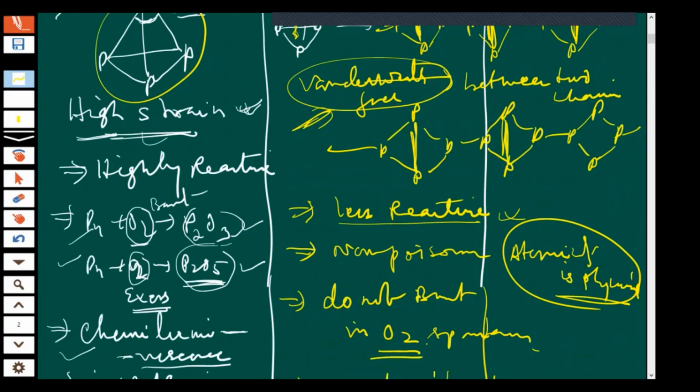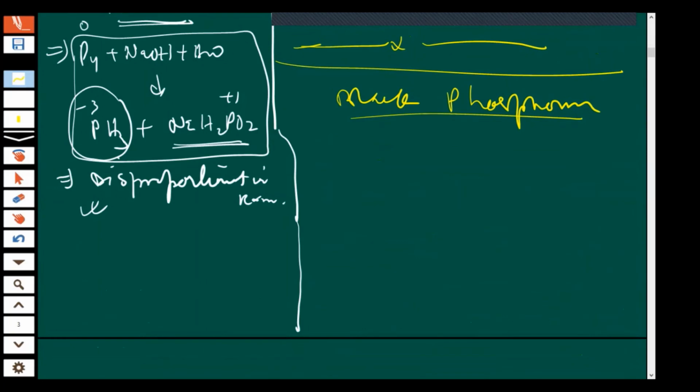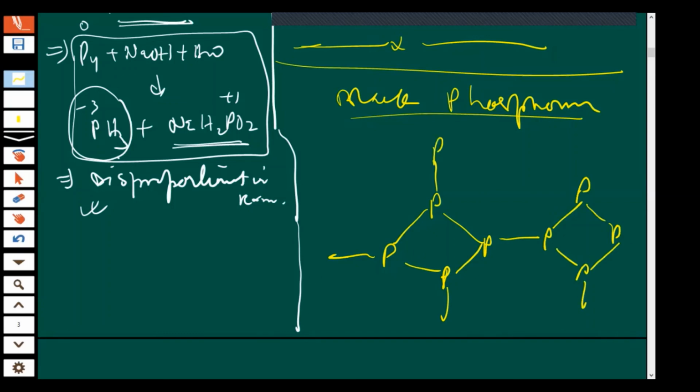These bonds are there. Okay, children, but in black phosphorus what happened? See, such type of things happen everywhere. Again P is there, like this, P linkage P. Such a type of three-dimensional network is there.